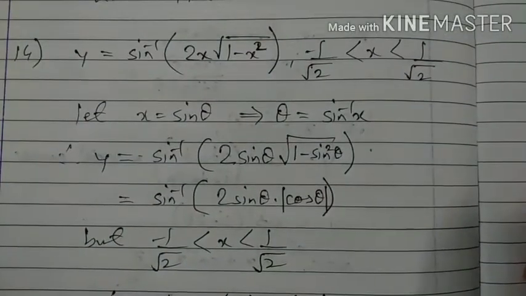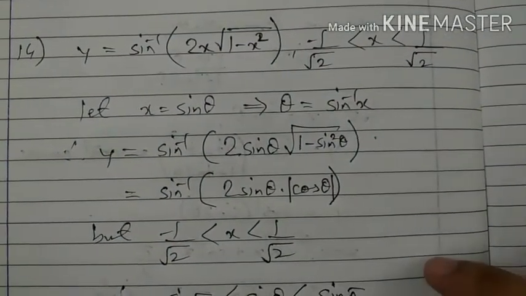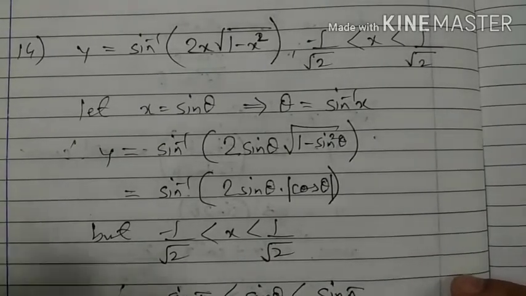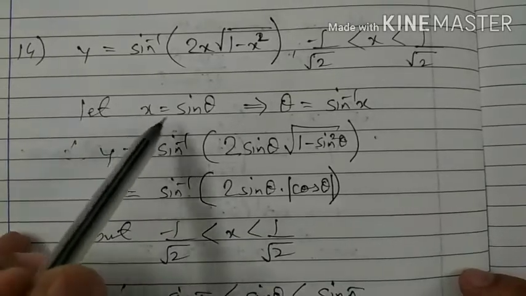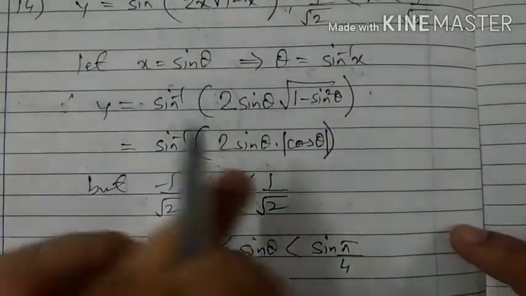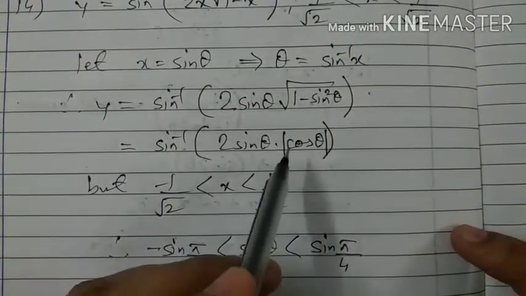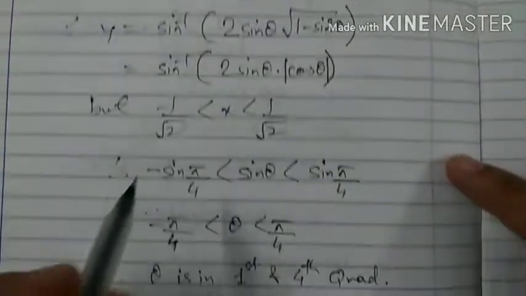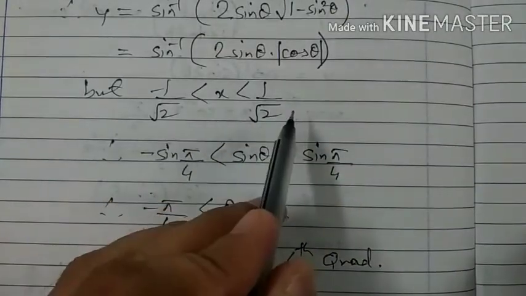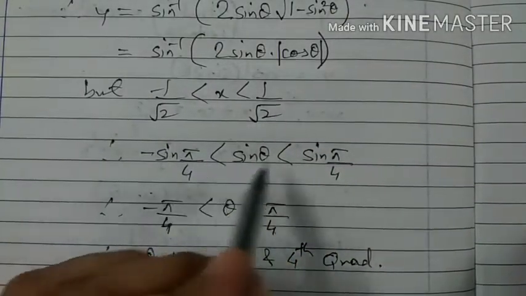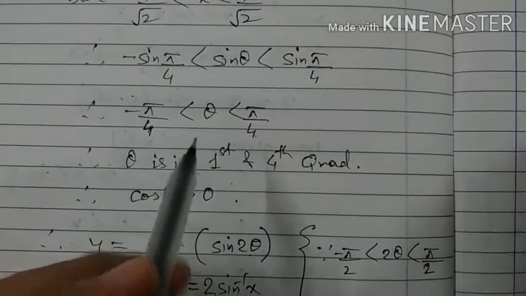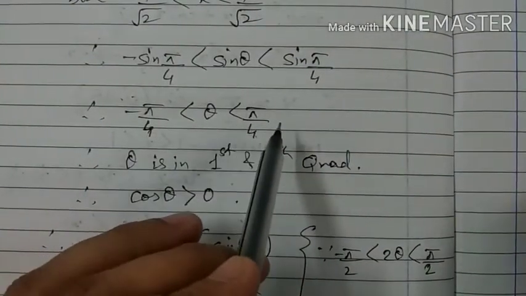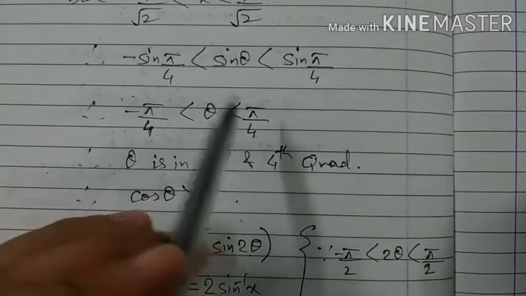Just to revise, I am showing you this solution again. First we assume x equals sin theta and put it here. Then, to find whether cos is positive or negative, we use the condition on x written in terms of sine, which gives minus pi by 4 less than theta less than pi by 4. So we get the range of theta.